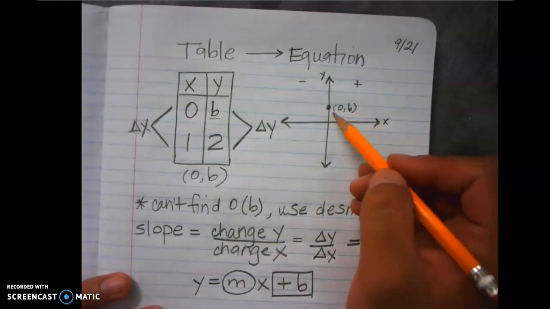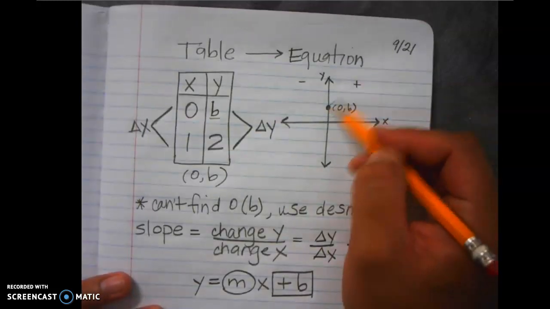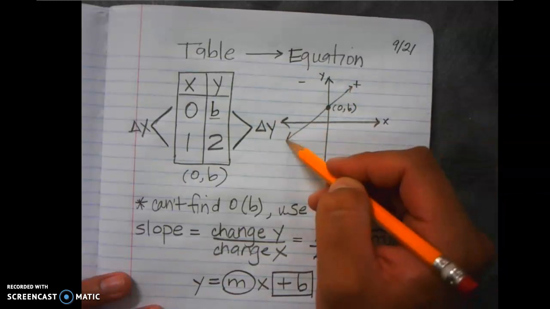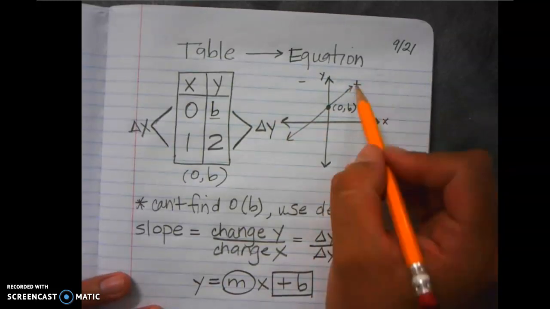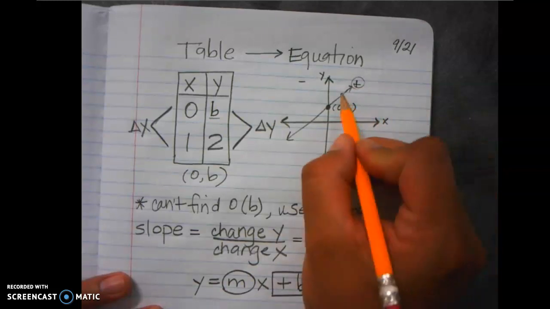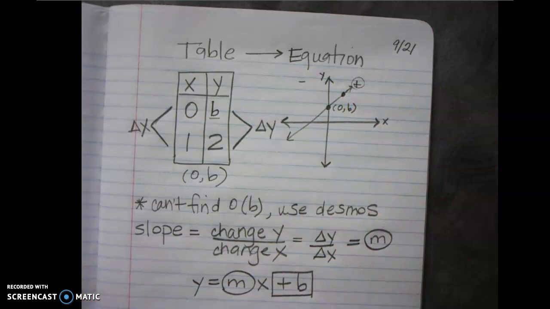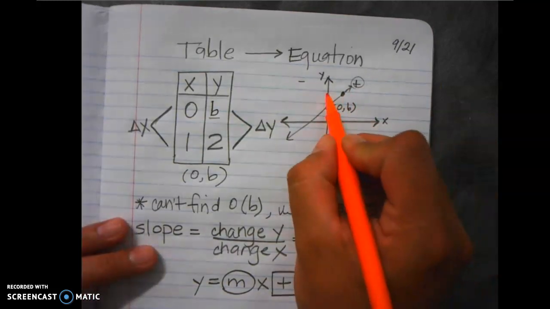Okay, so real quick, at your intercept, draw yourself a positive line going through your point, facing the positive direction. Give yourself another good point on your line and draw your rise over run triangle.